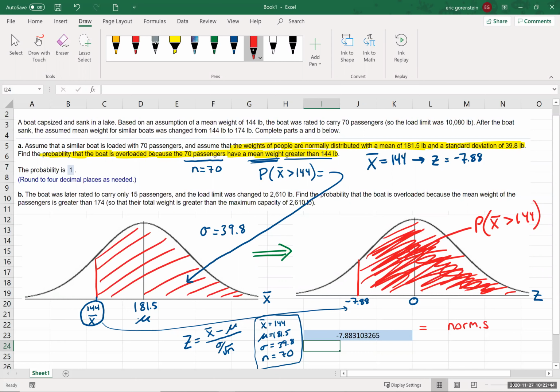Always a .S if you're using z-scores. So that will give us, always in Excel, the area below something. Excel only gives us area to the left. So if you want area to the right, it's 1 minus the area to the left.